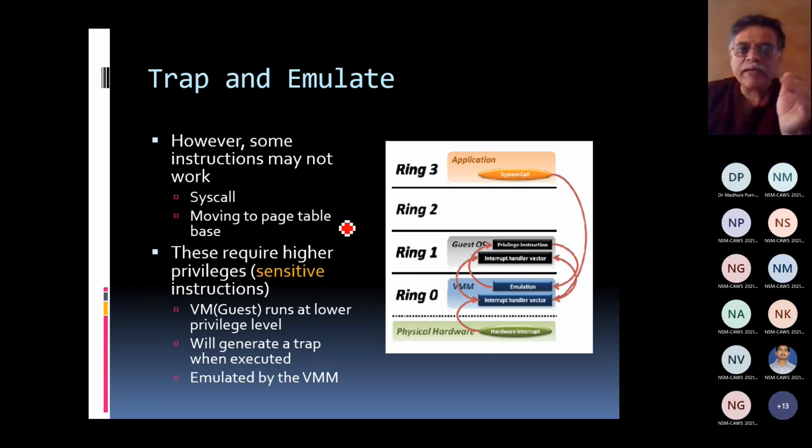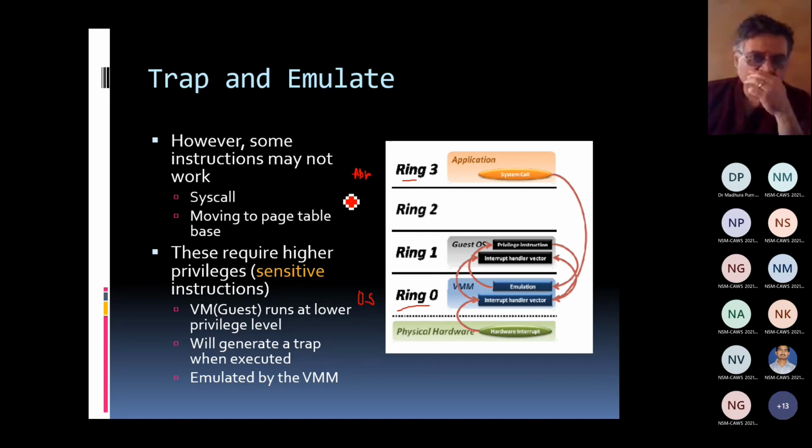To understand this, on the x86 architecture we have something called privilege rings. This is the highest privilege. This is the lowest privilege. Under normal circumstances, the OS will execute at ring 0 and the application will execute at ring 3.